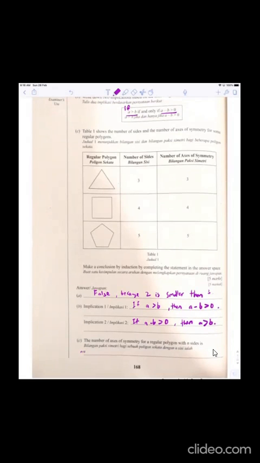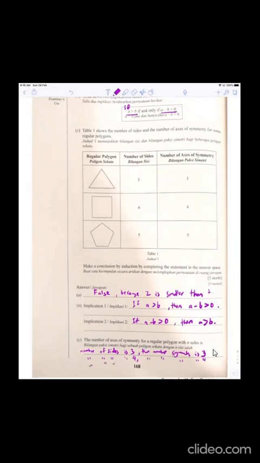If the number of sides is 3, then the number of symmetry is 3. Then the second one, the number of sides is 4, then the number of symmetry is 4. 5 is also the same.